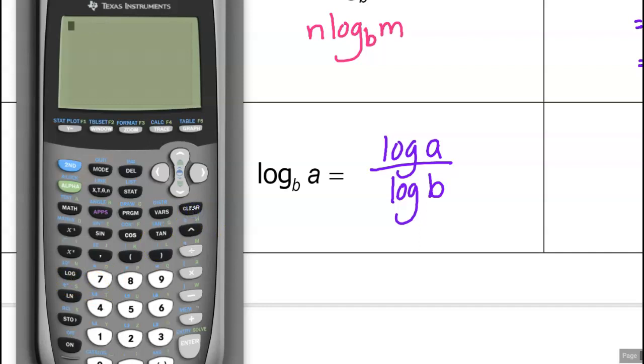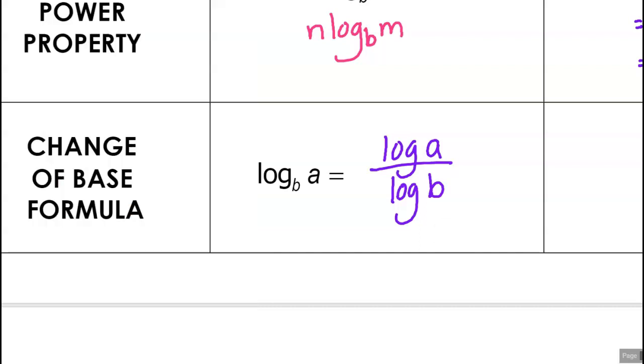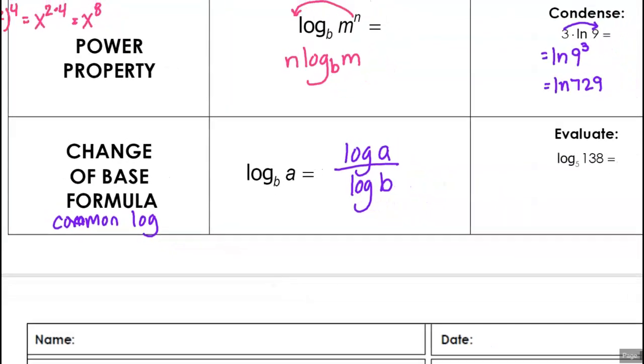But if you have a newer calculator, TI 84 or above, if you press math and you go up to log base, then you can fit in anything you want. You only have to worry about changing the base to the common log when you have an older calculator, or change the base of this, which I don't think we ever will ask you that.